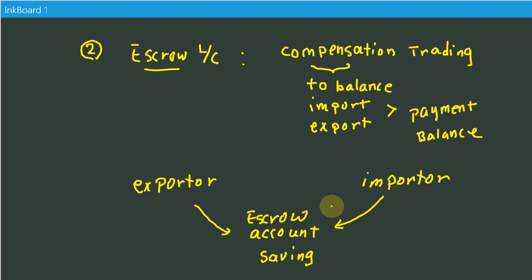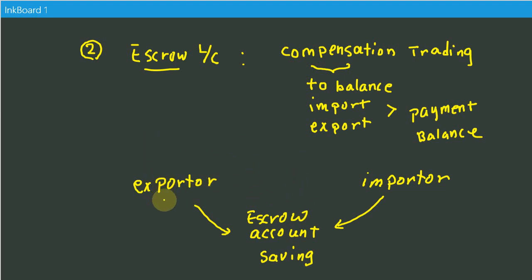This payment saved in the escrow account is only used for the trading between the two parties to make the balance. This is used for compensation trading, and it cannot be drawn back.